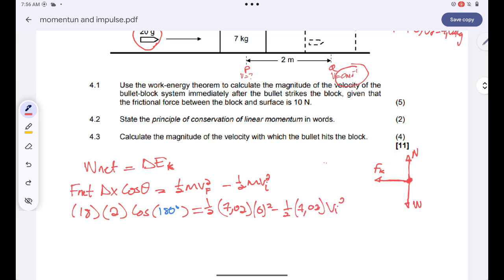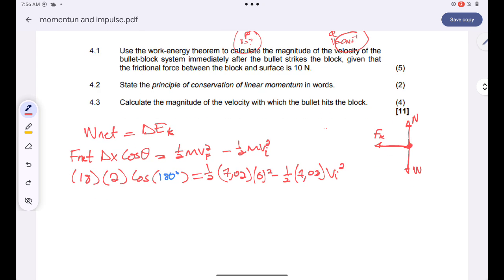I'm just looking for the initial velocity because I don't know the velocity of the bullet block system at position P. On the left hand side, I will simply have negative 36, and then this will give me 0 minus 3.51 Vi squared. Let me confirm. 7.02 multiplied by half, yeah, it's 3.51.